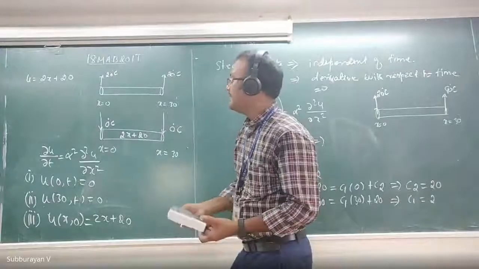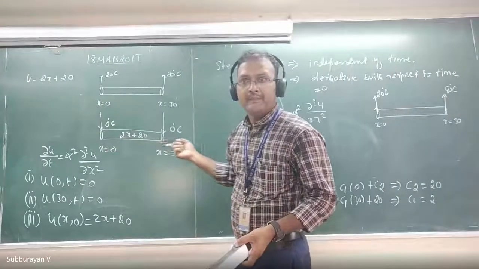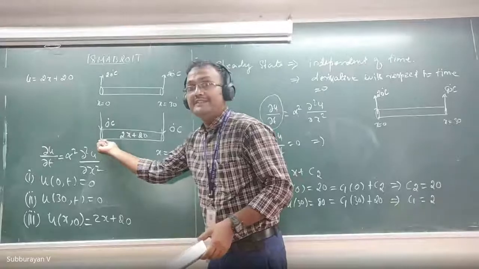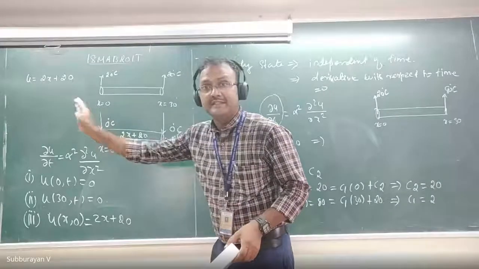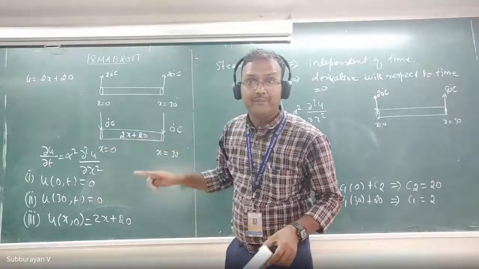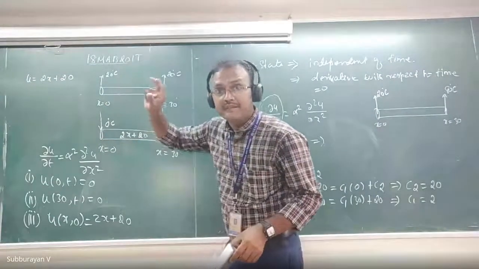Very good. What is the length of the rod? The length of the rod is 30 centimeters. And we are maintaining the temperature at x equal to 0 as 0 degrees. That's what the statement in the problem says. Therefore, at x equal to 0, the temperature is 0 for any time.